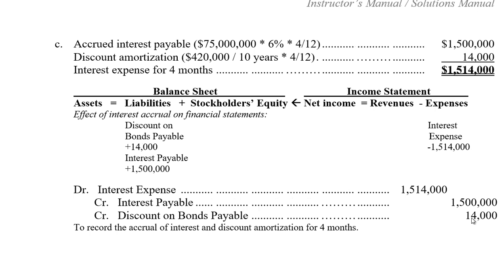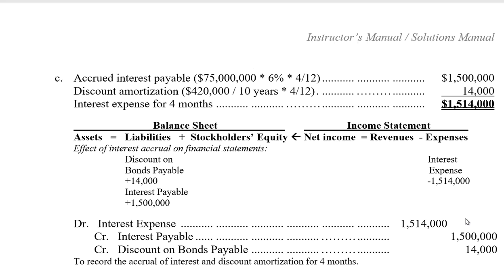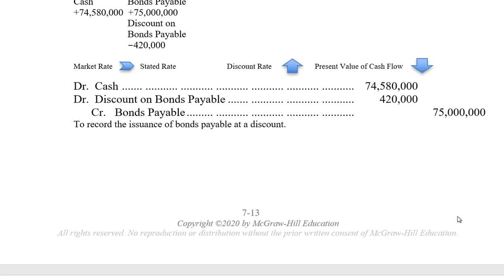Now, I want to talk about something here that you may run into some questions about generally. And that is, what if the bond didn't sell for a discount, but it sold for a premium? Well, I want y'all to realize that the premium on bonds payable would actually be a liability, just like bonds payable.